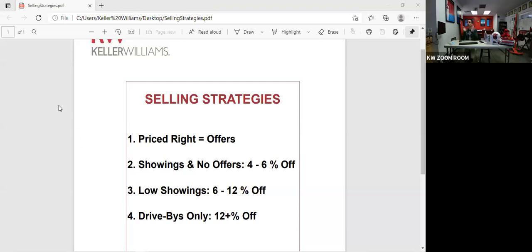You've all heard the real estate saying, 2 weeks, no showings, we've got to make an adjustment on the price, or 10 showings, no offers, we need to make an adjustment in the price, right? Well, this is another version of that, right? And this selling strategies chart basically gives you 4 categories.